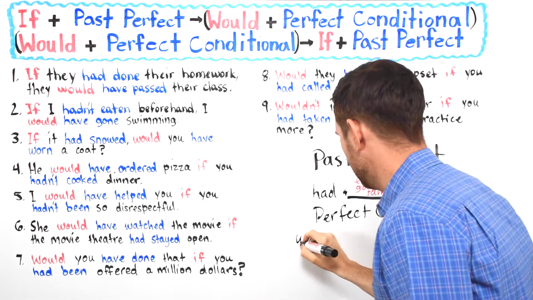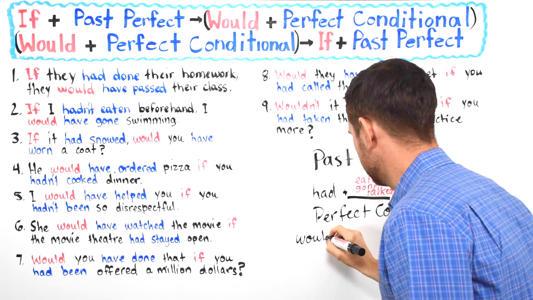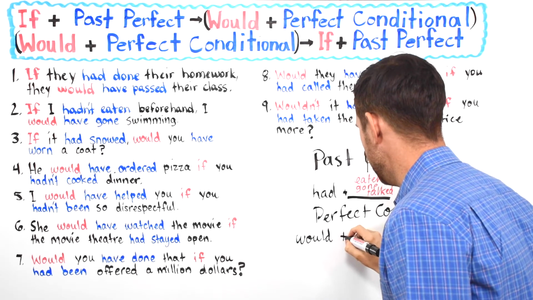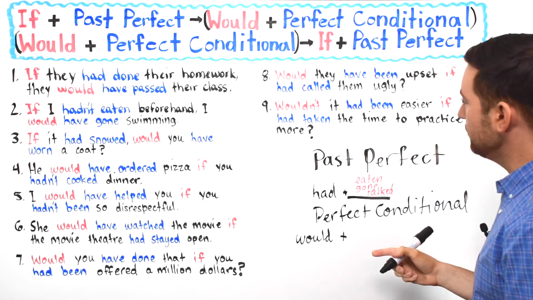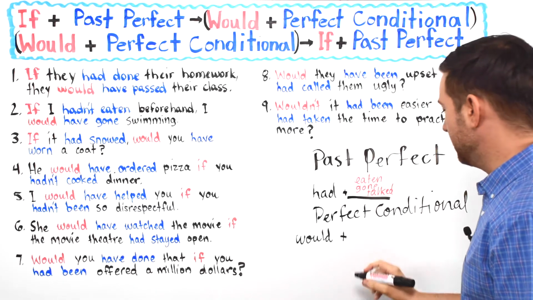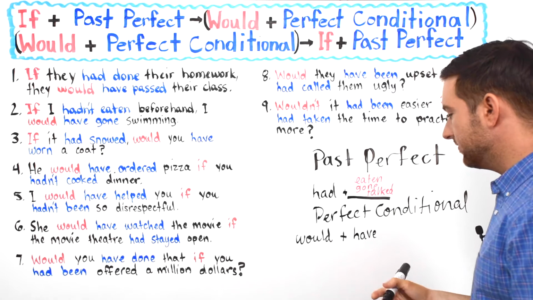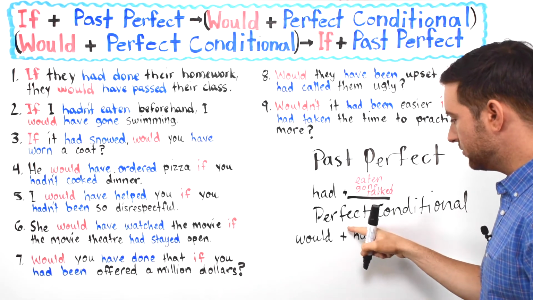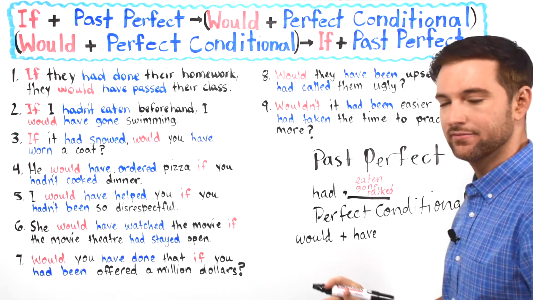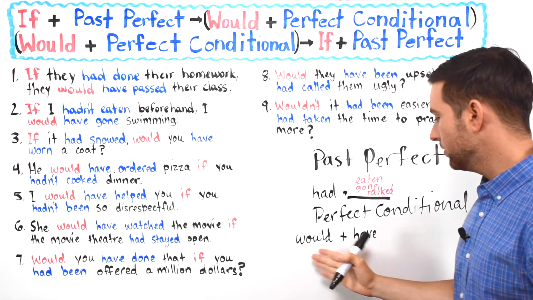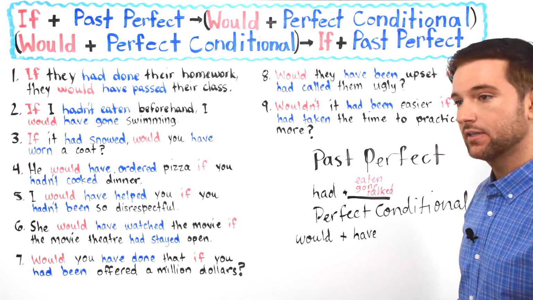So we'll start off with would. Okay, and then we're going to have to use the verb to have. So just put have. We don't need the infinitive, okay? So we don't need to have. We just need have. That's it, okay? So would and then have, okay?